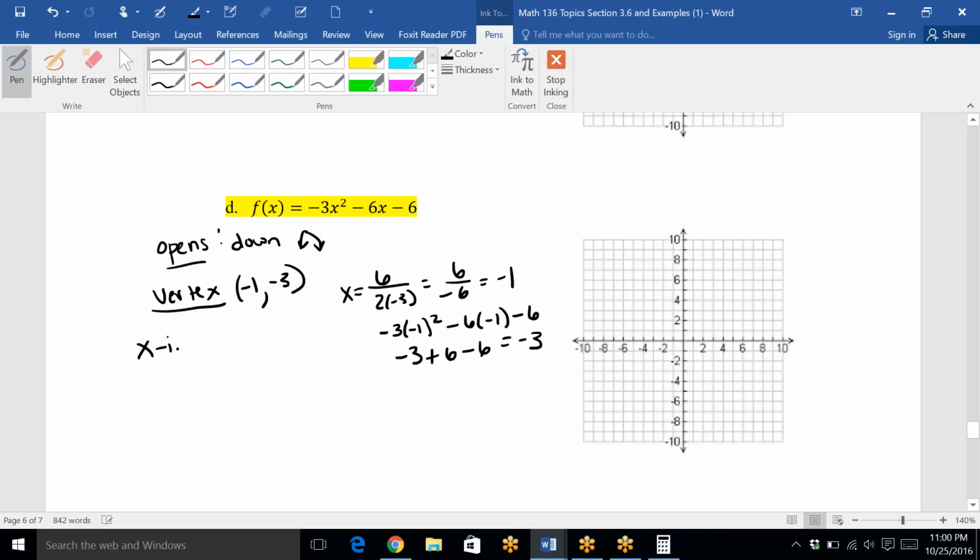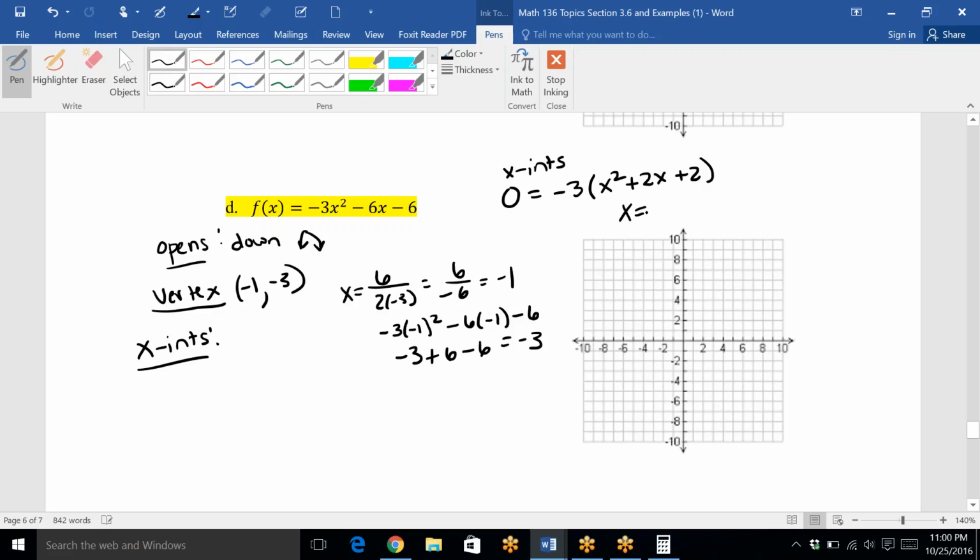Do we have any x-intercepts? Well, we can try to factor this. This is for my x-intercepts, so set the whole function equal to 0. I'm going to try to pull out a negative 3. That would leave me with x squared plus 2x plus 2. That does not factor because factors of 2 are 2 and 1, and there's no way to make 2 with that.